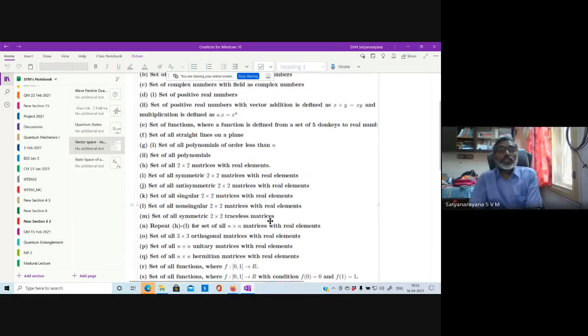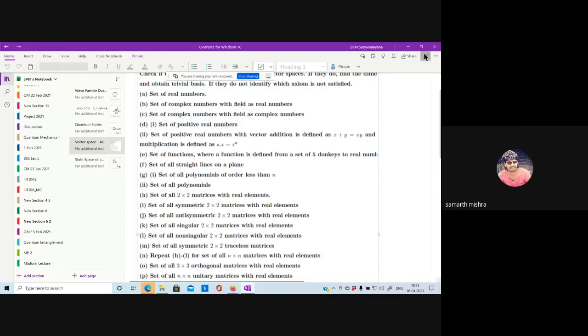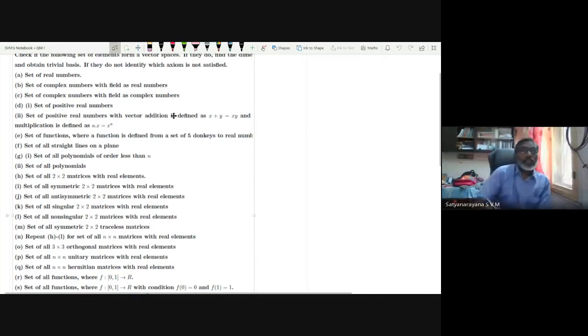If you look at D2, the set of positive real numbers with vector addition defined as x plus y. Yes, sir. So this particular one, the set of positive real numbers, will not be a vector space, because the inverse for each element does not exist.